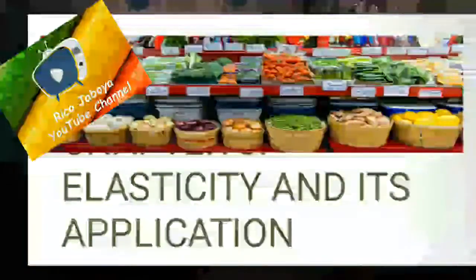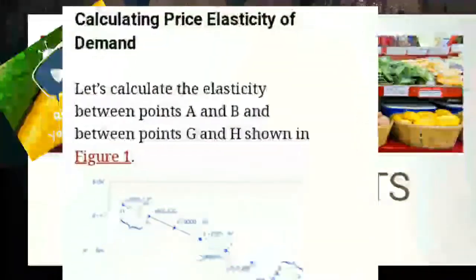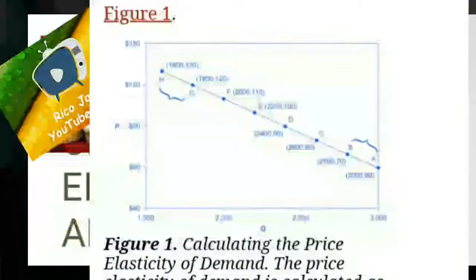Alright. So, yun po yung ibig sabihin yan. Ito siya. Alright. So, from point A to B, point G to H. Alright. So, yun po yung ating mga computations calculation regarding price elasticity of demand.